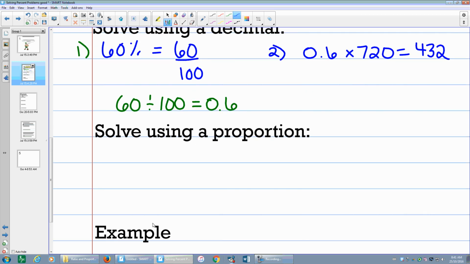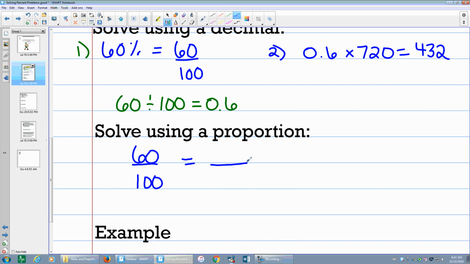So again, I'm writing 60%. We know 60% can be written as 60 over 100. And I'm going to set that up with another fraction.